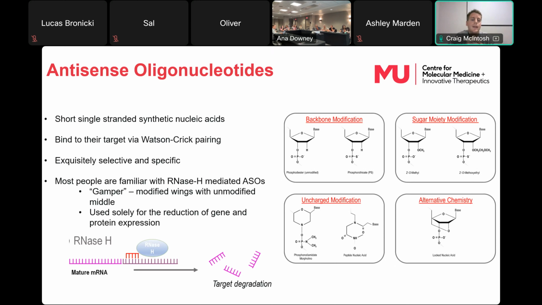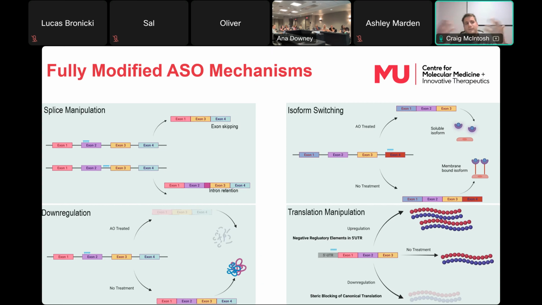Basically, we can't use a molecule that's unmodified. So we fully need to modify the molecule in order for it to enact the mechanism that we want. So fully modified ASOs have a lot of mechanisms that they can use.